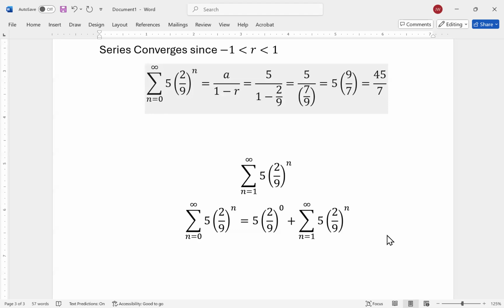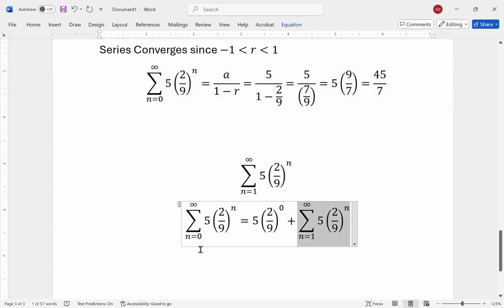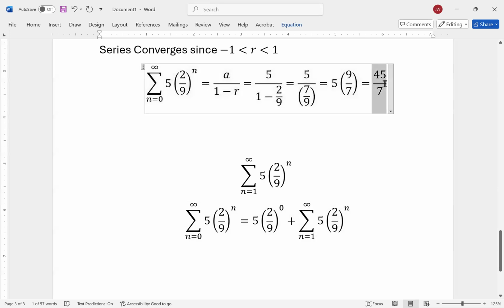So what I can do if I want to find the summation starting at 1 is I can start by finding the summation when n is equal to 0. We know already that that's 45 over 7. And then just subtract this first term.